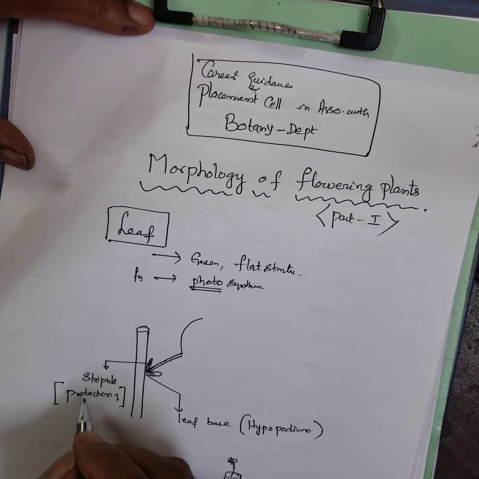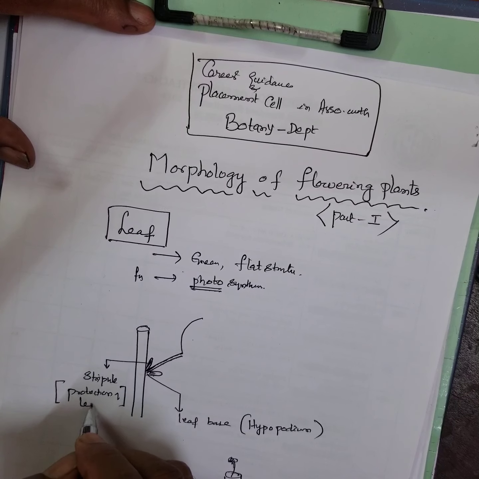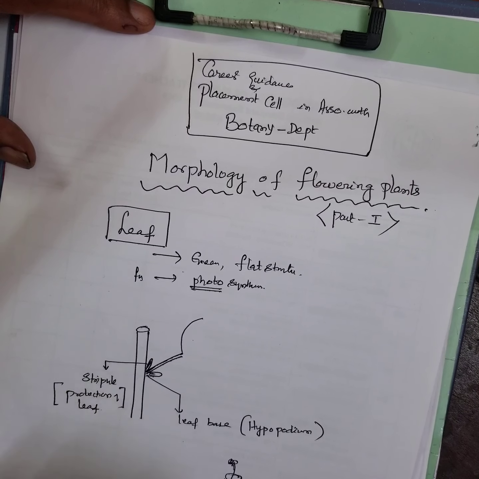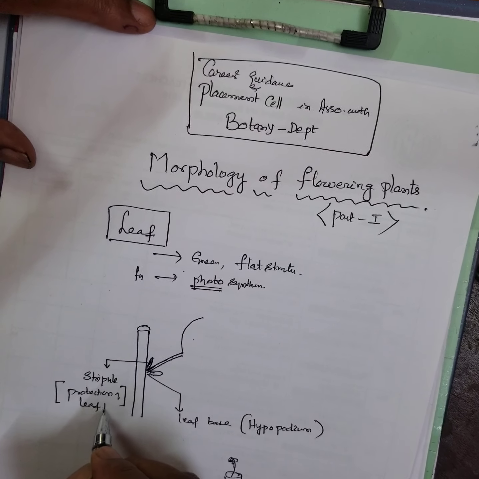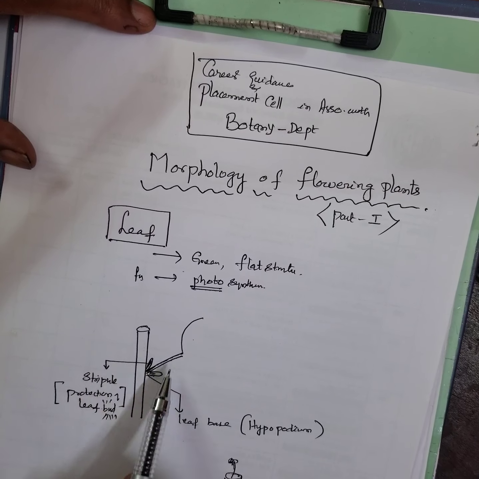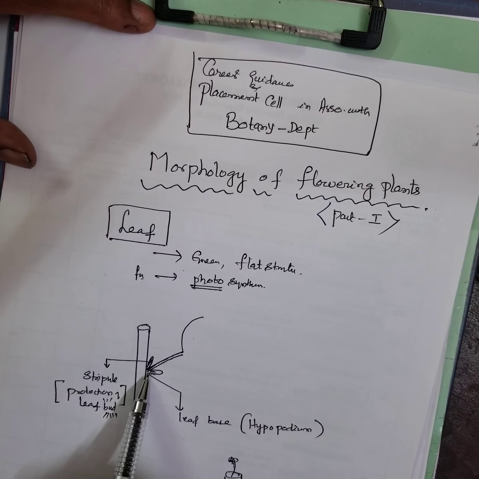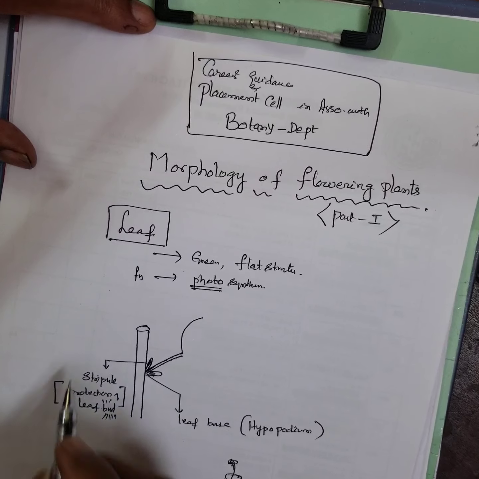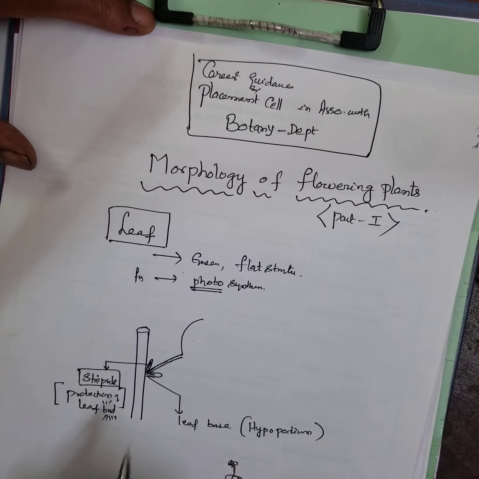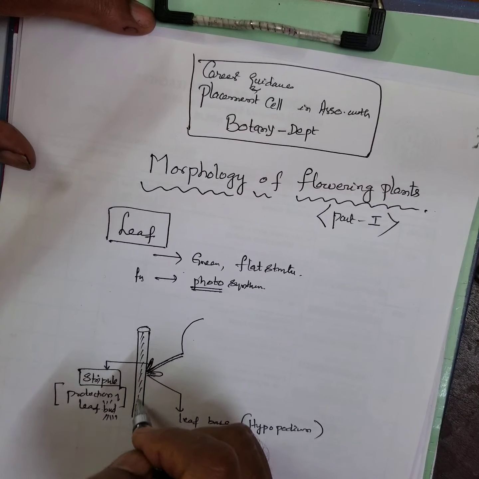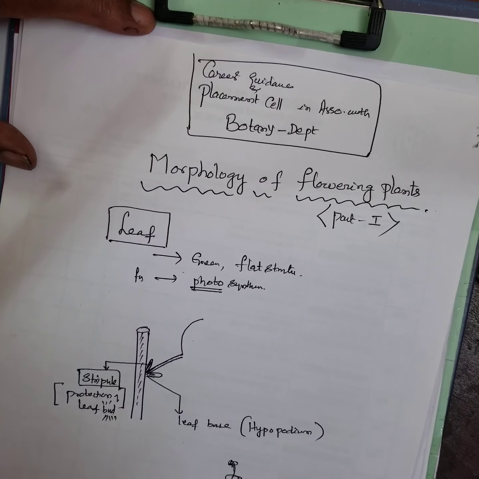Protection of the leaf, and the protection of the leaf bud. See, this is very, very important. It is not protection of the leaf. The bud is what is being supported. Therefore, this protects, which one? Stipule. Please see the spelling. Stipule: protection of the leaf bud.